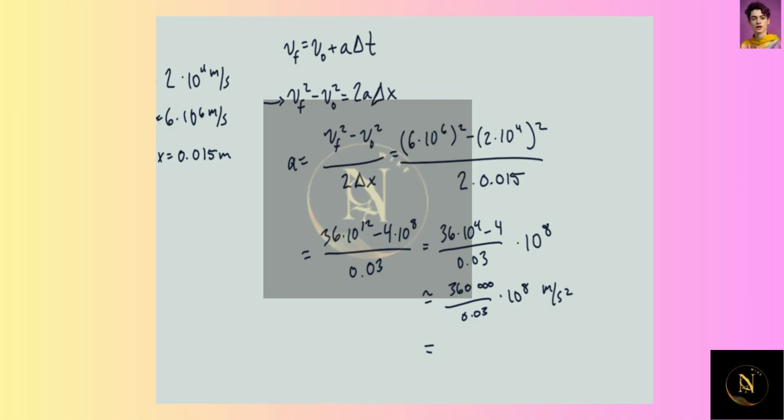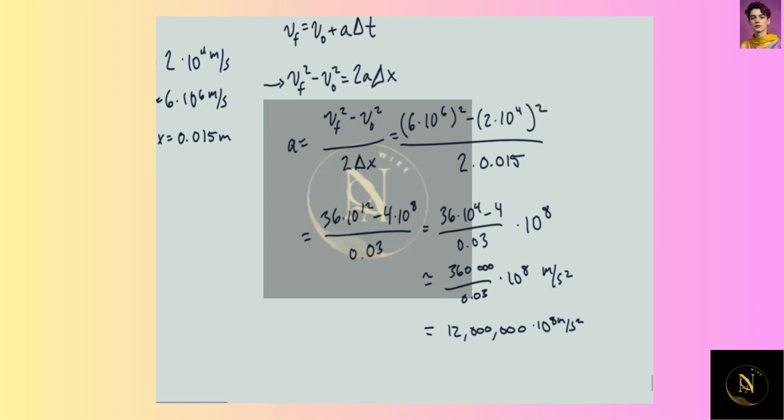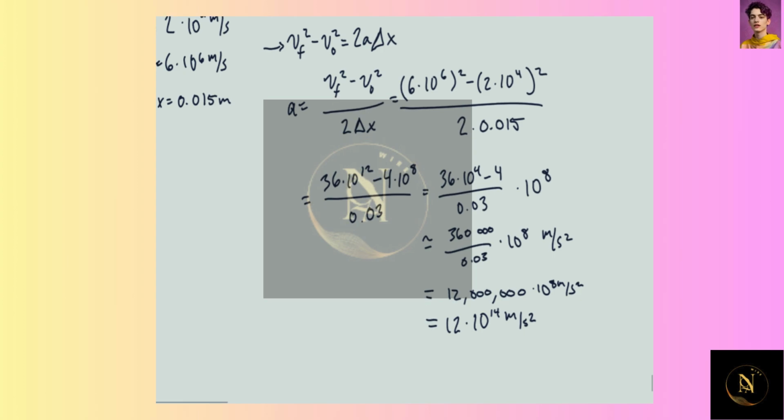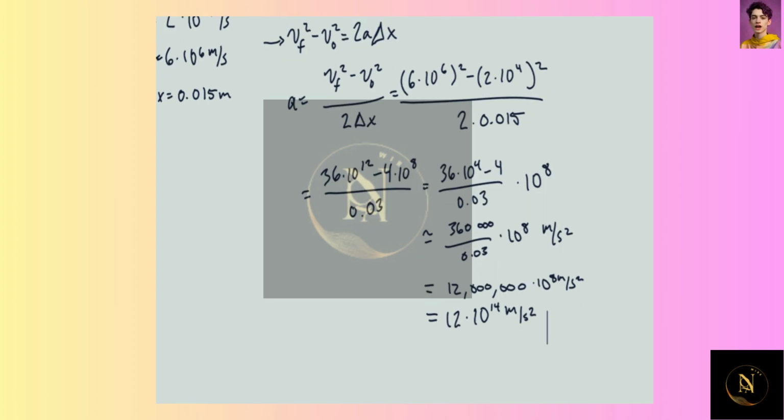So 12 million times 10 to the 8 still, meters per second squared. Let's rewrite that as 12 times 10 to the 8 plus 6, or 14, meters per second squared. It's a very, very large acceleration.